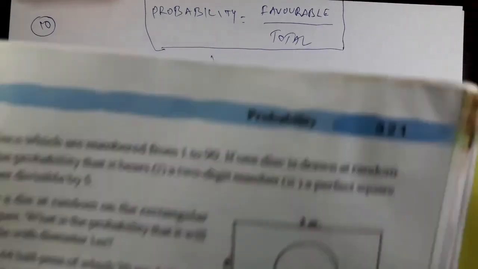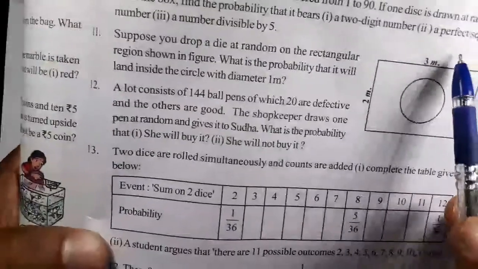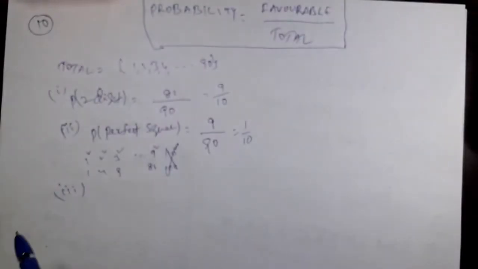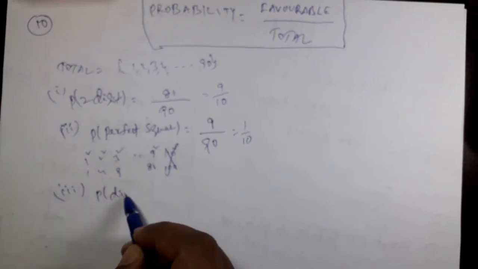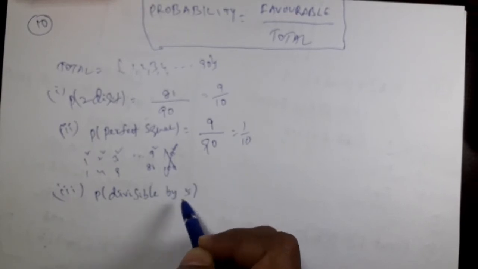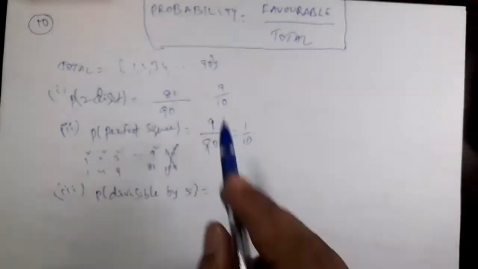Next part, third one. Third one is a number divisible by 5. Probability of a number divisible by 5. The denominator is of course 90.